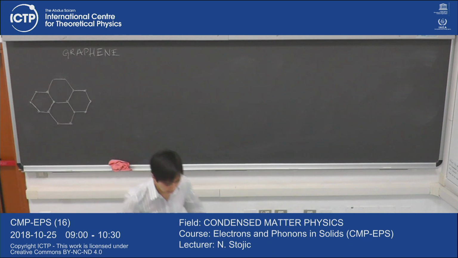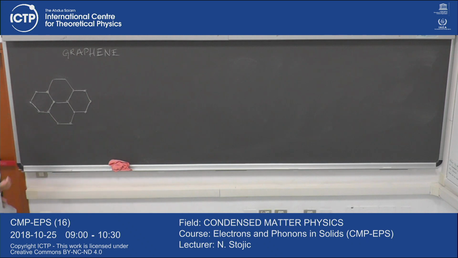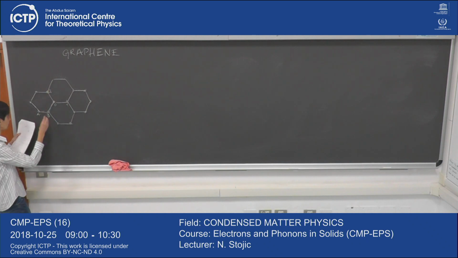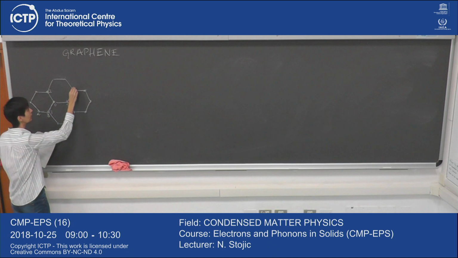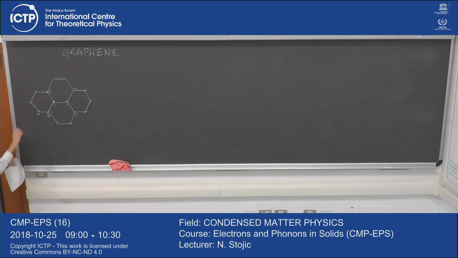How did I put the names? I should copy the same. So we have two atoms in the basis, A and B. I gave them names 0 and 1. I will use them to count all the terms, so it's important that we have the same names.